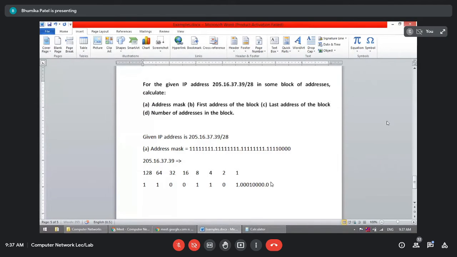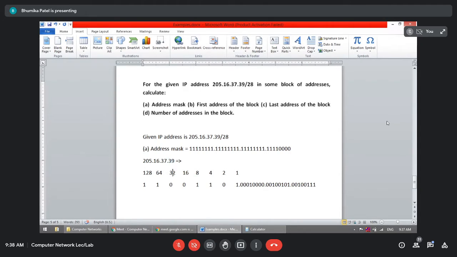So here I'm taking 0 0 1, then for 5: 16 is 0, 8 is also 0, 4 is 1, 2 is 0 and 1 is 1. So it will be 0 0 1 0 0 1 0 1, right? So this is the binary for 37.